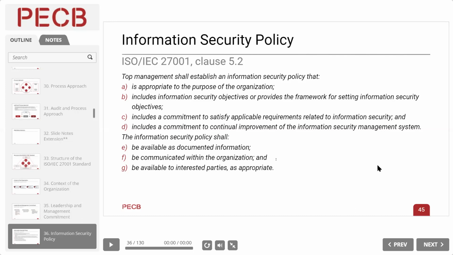So shall means that you have to do it. It's a requirement which the auditor would expect to see. If you do not observe a shall, then that is a non-conformity.